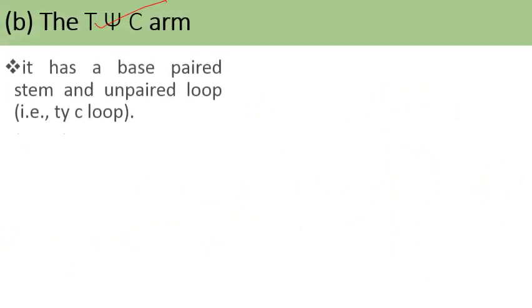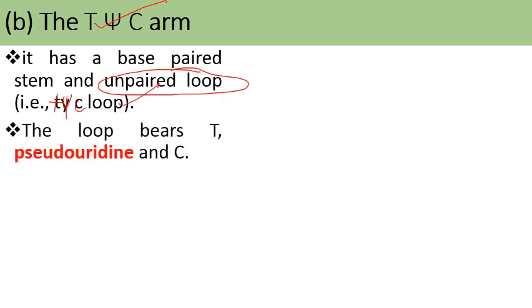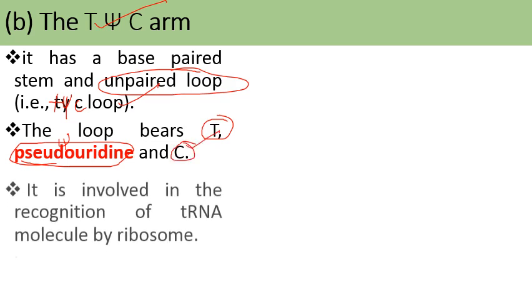Next comes the T-C arm. It is a base paired stem and unpaired loop. Here the T-C loop bears thymine, and this psi represents the pseudouridine, that is the unusual base, and cytosine. This is a special arm, T-C arm.